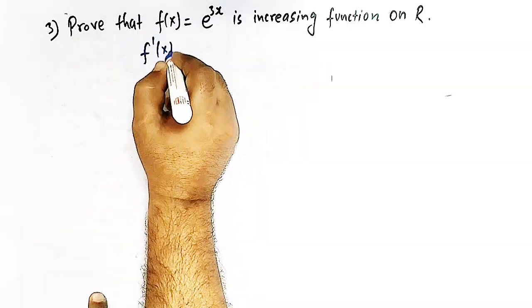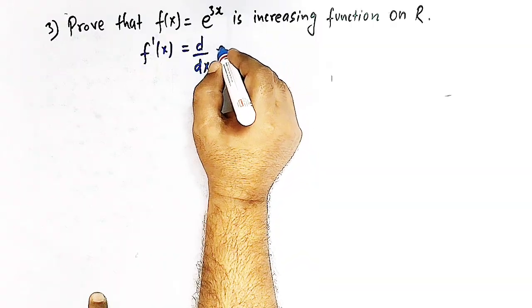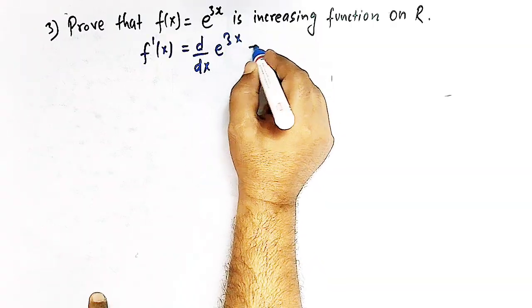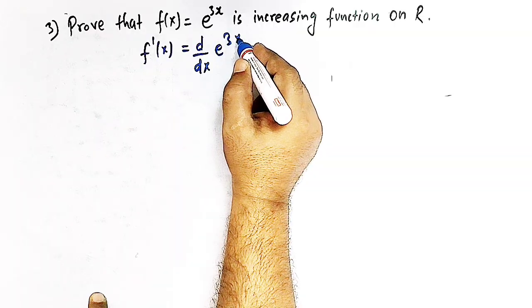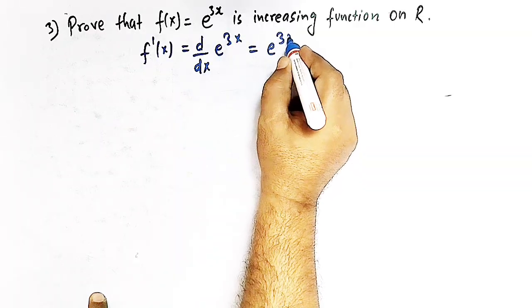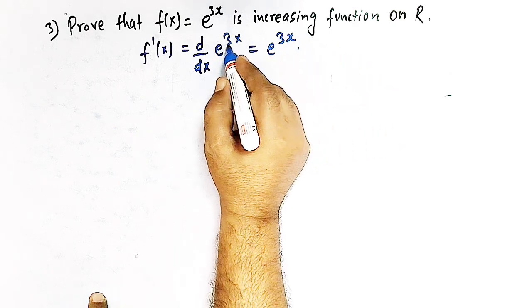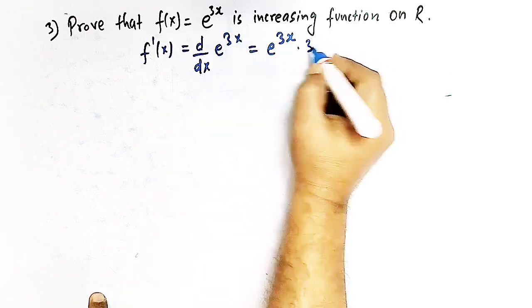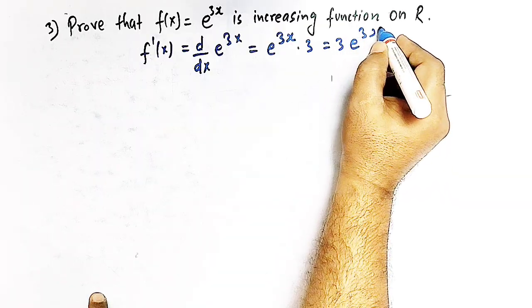So f prime of x is given by d by dx of e raised to 3x, and the derivative of e raised to 3x with respect to x is given by e raised to 3x, and then by chain rule the derivative of 3x is simply 3. So we have 3 times e raised to 3x.